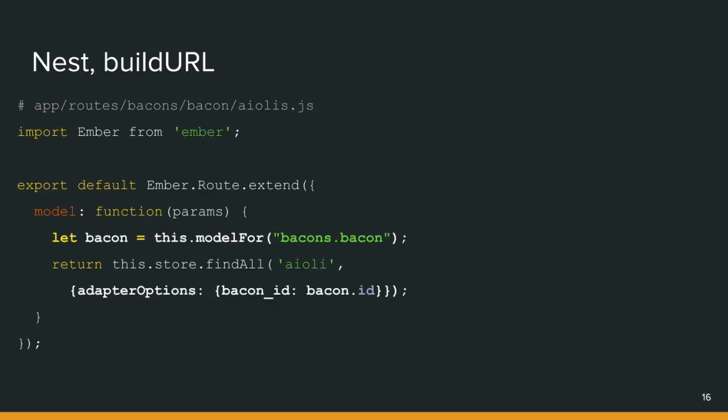Let's talk about version 1 of the not happy path, which is buildURL. So when you use this.store, any of the methods, find all, find record, etc., you're going to be going through a built-in method called buildURL. So what I'm doing here is I am passing a parameter, bacon ID, which I'm getting by model 4, through this thing called adapter options so that it can be picked up in the adapter.